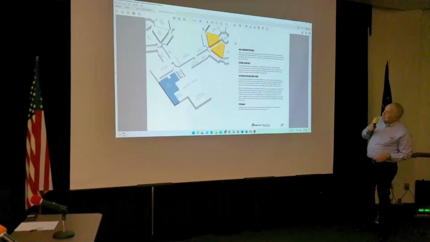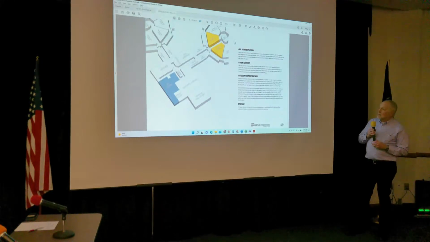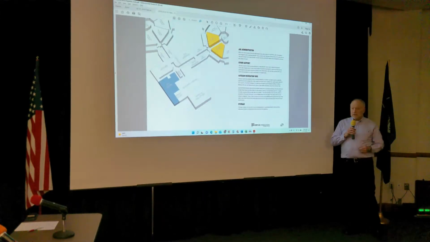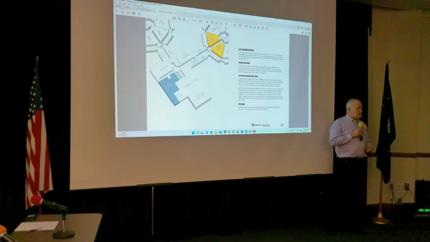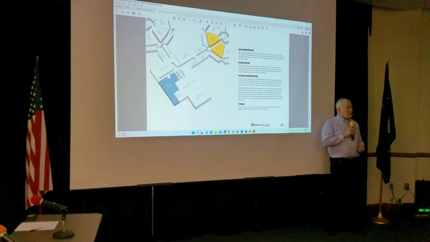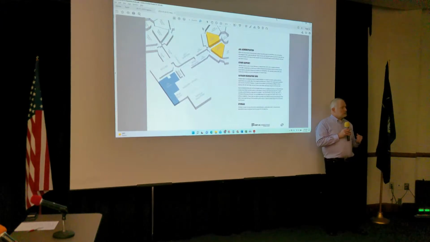So some of the other functions of the jail that are important, jail administration I mentioned. You still have a need for offices for the jail commander and the other folks that work within the jail. There are program spaces within the jail, as I mentioned, classrooms, chapels.